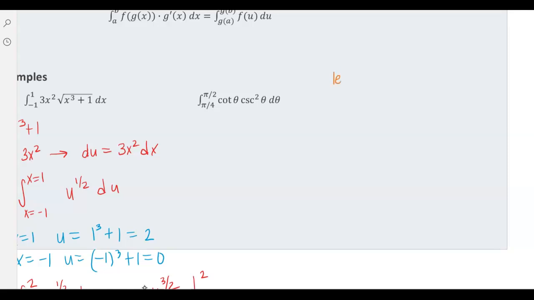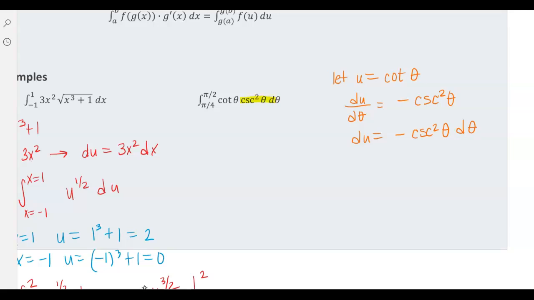So if I let u equal cotangent of theta, then when I take the derivative of both sides, du d theta, I'll get negative cosecant squared theta, or du is equal to negative cosecant squared theta d theta.